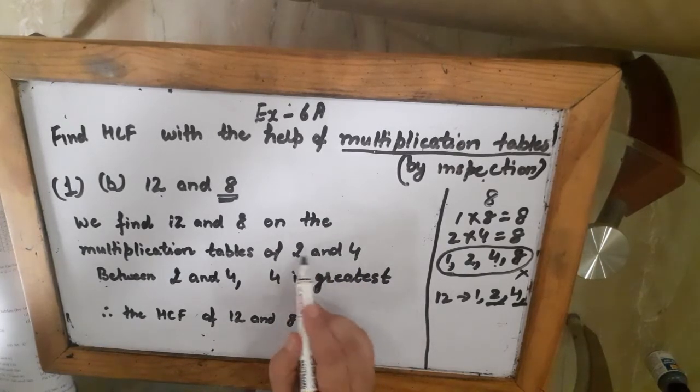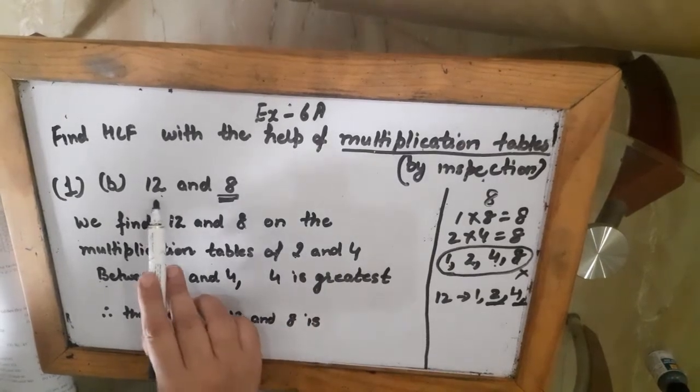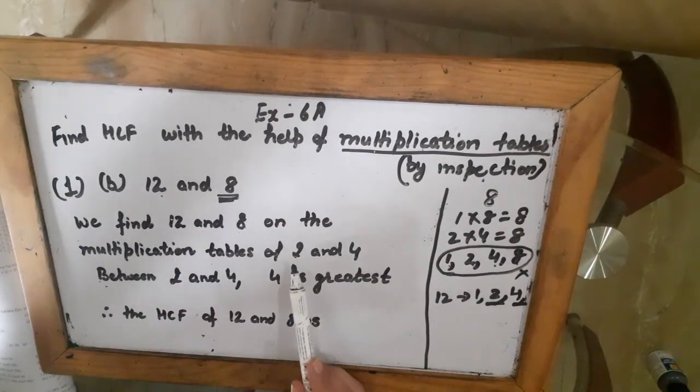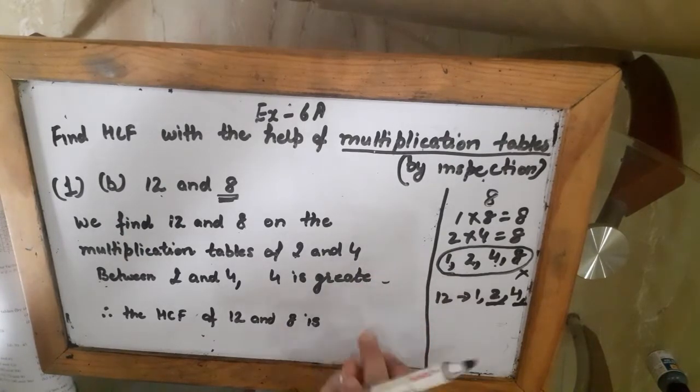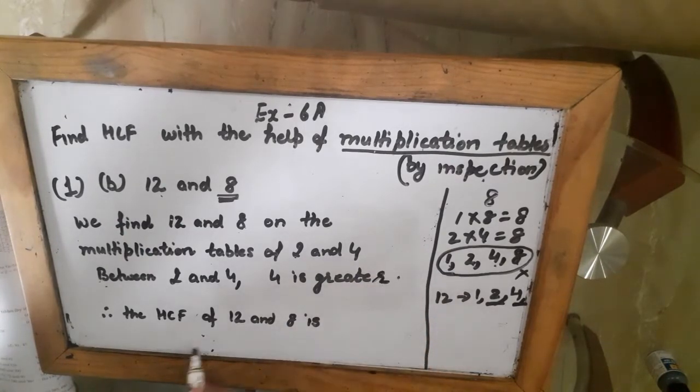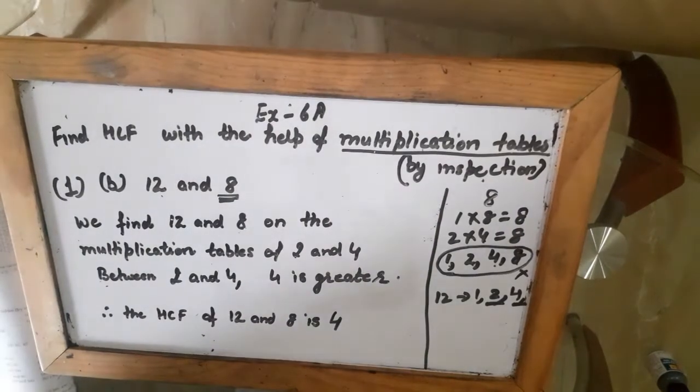So these 2 and 4 are the common factors of 12 and 8, and from 2 and 4, 4 is greater. So it means the HCF of 12 and 8 is 4. So this is how we find out the HCF with the help of multiplication tables.